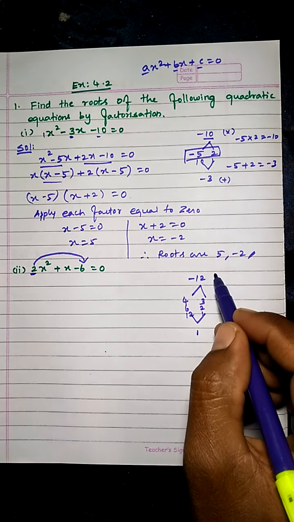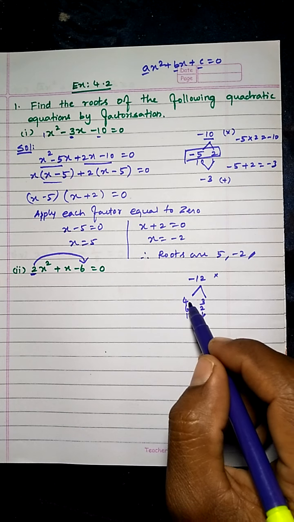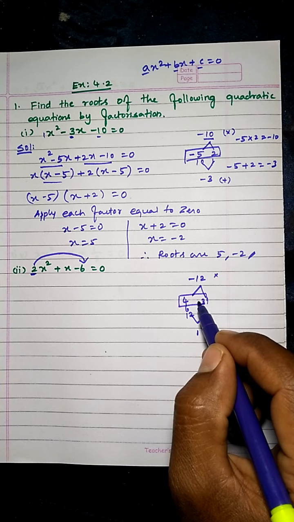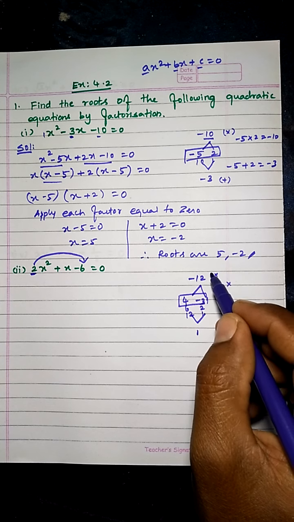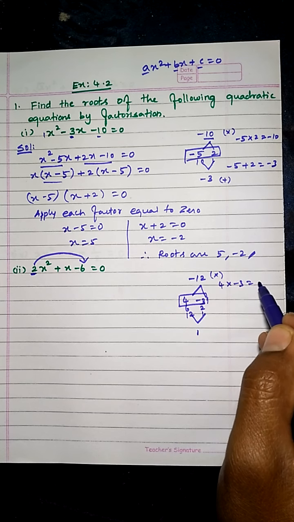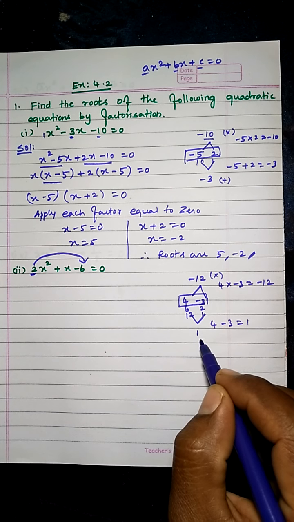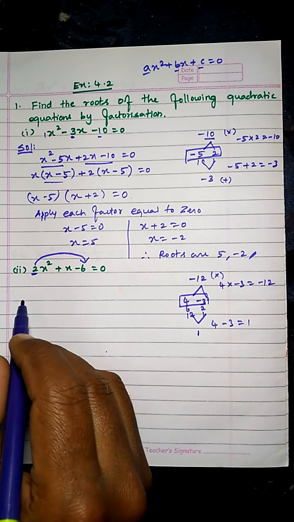Now when you multiply you should get 12, and when you add or subtract, you should get 1. So these are the suitable factors. Then apply minus for 3. Then you see 4 into minus 3 you will get minus 12, and 4 minus 3 you will get plus 1. So the suitable factors are 4 comma minus 3.